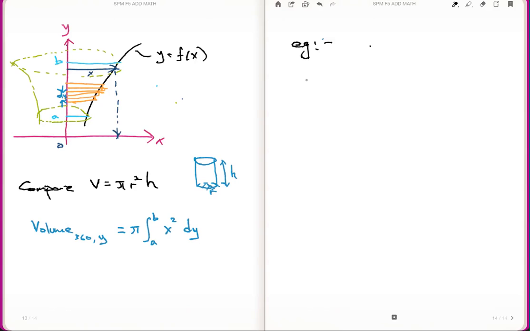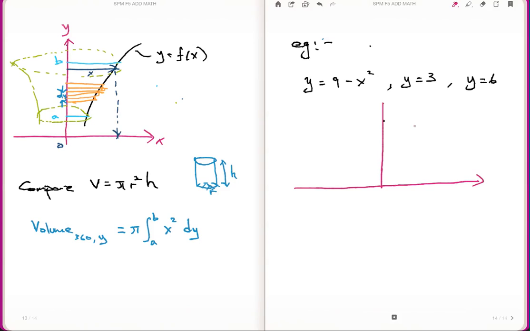You were given a curve y equals 9 minus x squared, and then a line y equals 3 and y equals 6. You were asked to find out what's the volume about the y-axis completely, meaning 360 degrees.